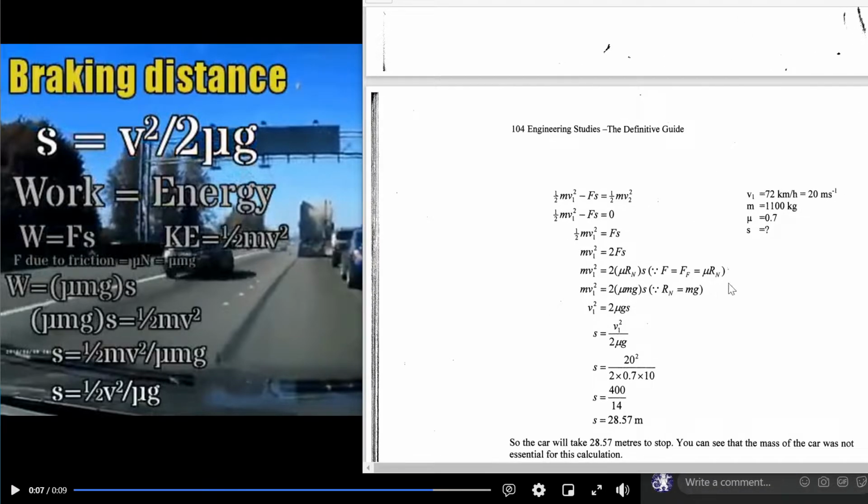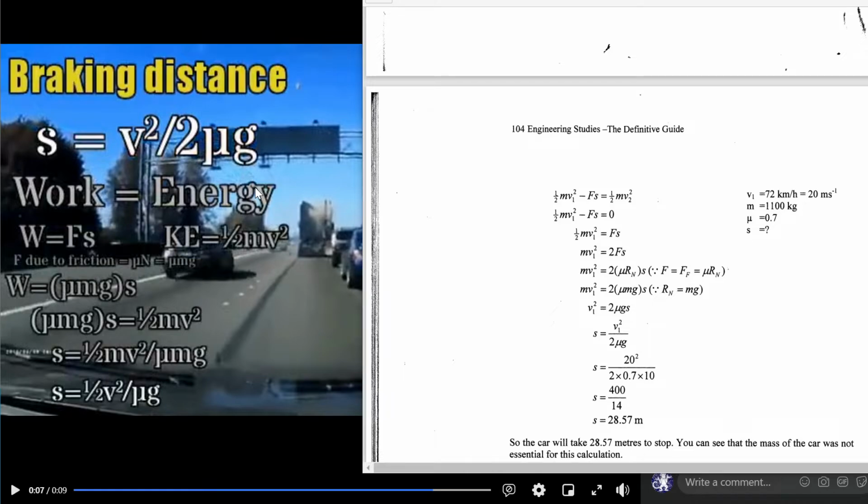Okay, so they've added in values. For me, I think it's easier to say they've gone S equals V squared divided by 2 mu g. So how do we get to that? Well, first of all, we start by saying that work equals energy, right? Energy is the ability to do work. Ergon, like ergonomics, is working in a comfortable way, and energy means ergon in.